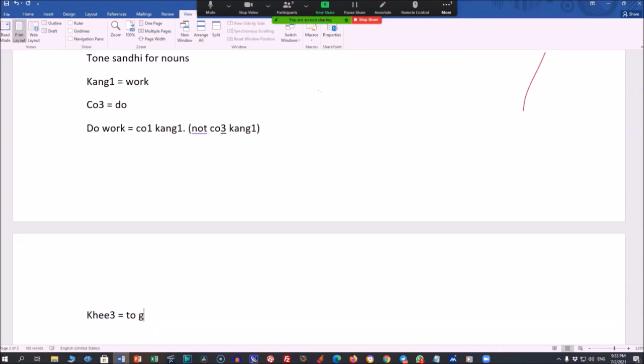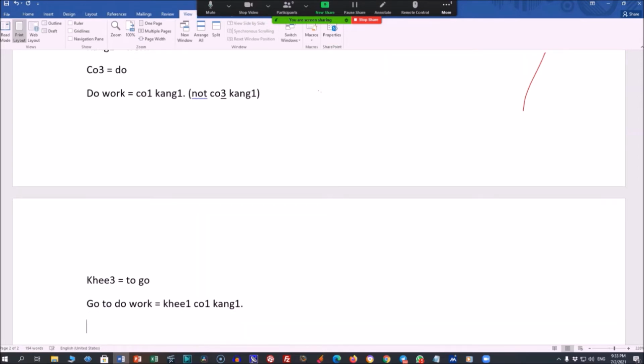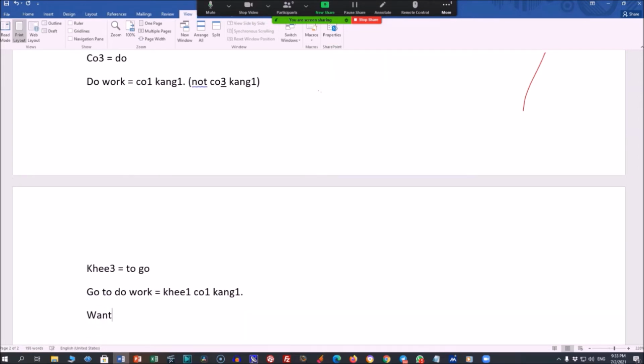Ki is to go. And we can combine it with the words we have earlier. Go to do work: ki zhou gang. Okay, the last one we know is always 1. Ki zhou gang. 1 also. Yes, you're right. Ai is want.